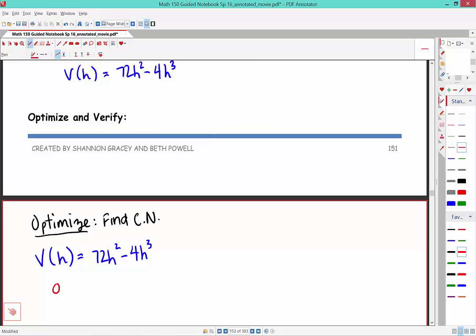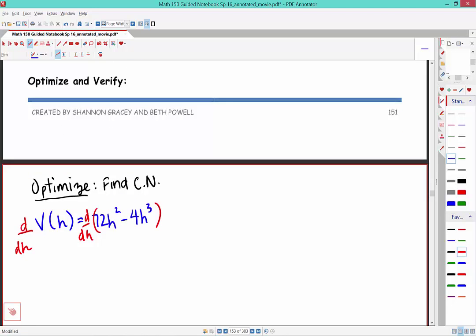So, first differentiating, the derivative with respect to h, V prime at h, is 144h minus 12h squared.